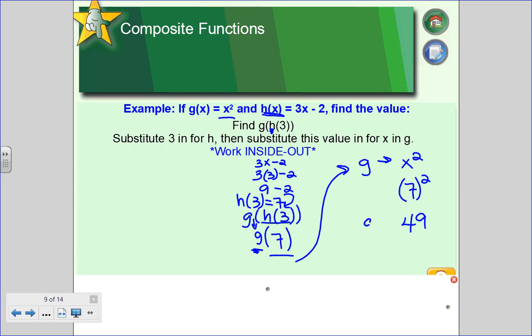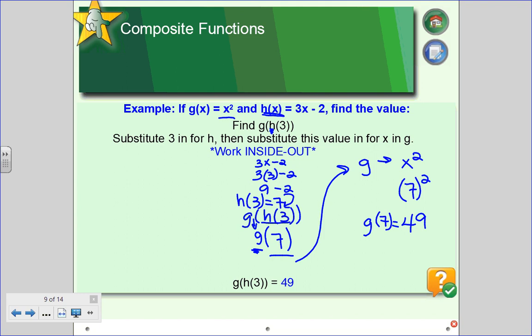So g of 7 equals 49, meaning that the entire g of h of 3 is 49. So we work our way out. We started by finding h of 3, it was 7, then we found g of 7 to get 49, so 49 is the final output.